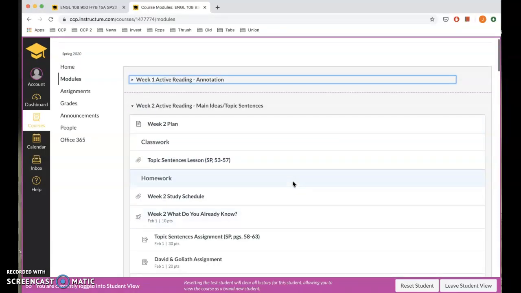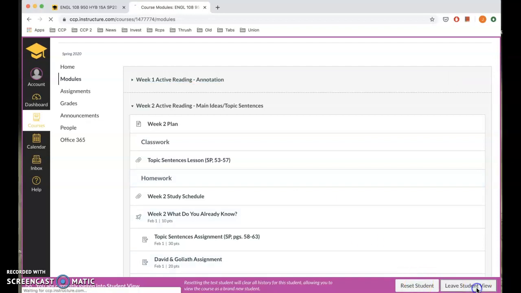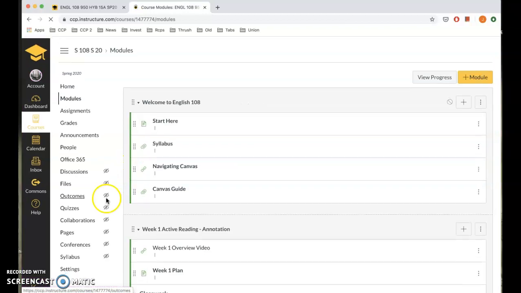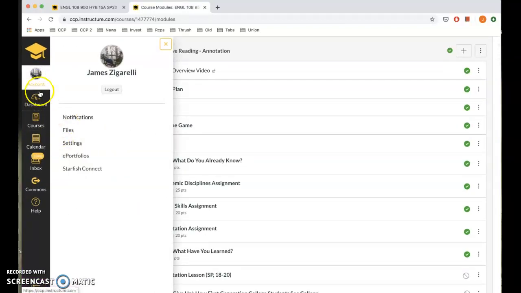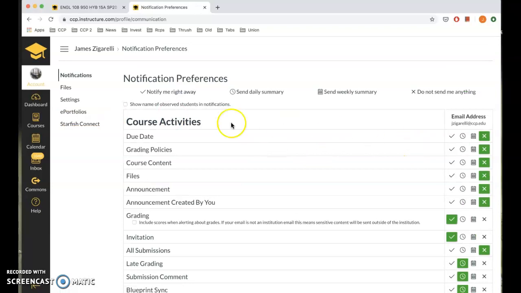Okay. And let me show you how to change notifications, if that's something you want to do. So if you go to, I think it's account. Yeah. Click on account, click on notifications, and you get to choose for each of these.